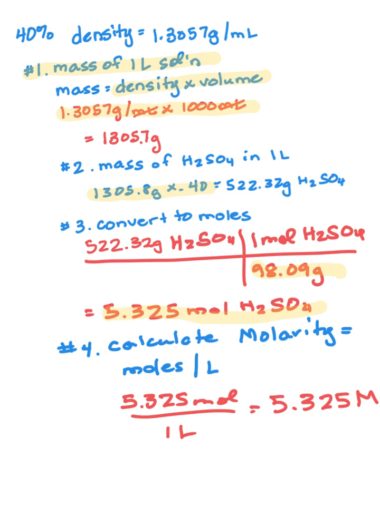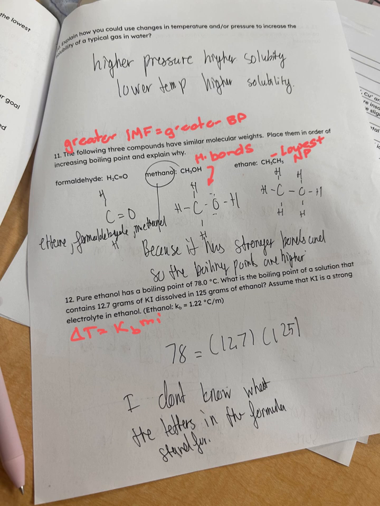I know that I have 1 liter because that's what I used up here. So there's my molarity. Go from density to mass, and then from mass, use the percentage to get the mass of your solute, which in this case is my sulfuric acid. Convert that to moles, etc. So you have to have all 4 of those steps. That was kind of involved.